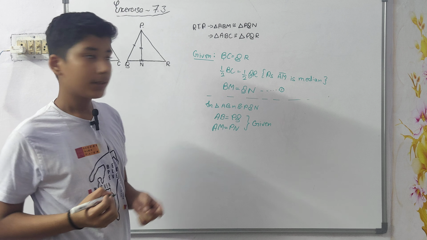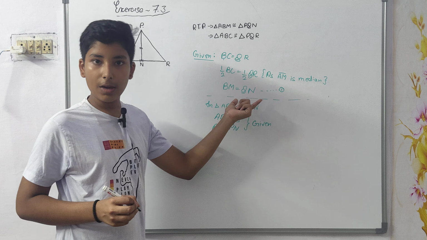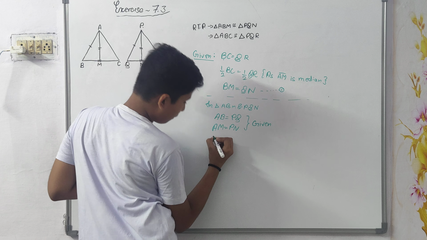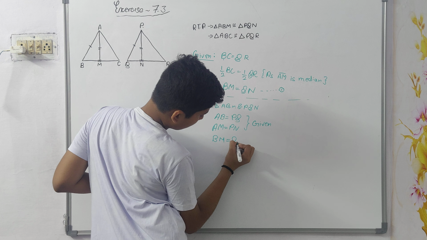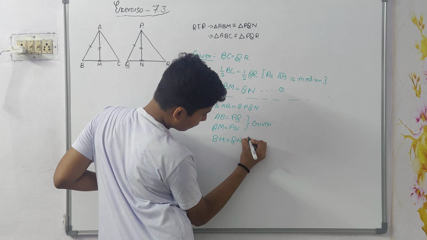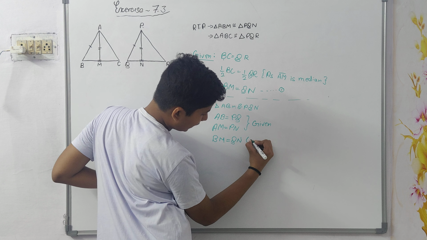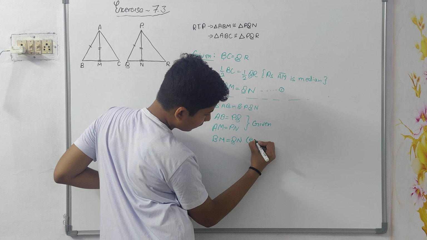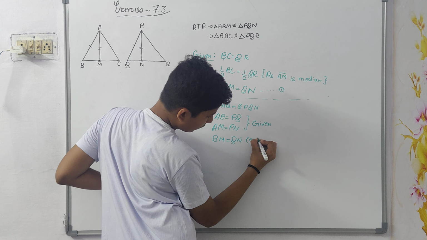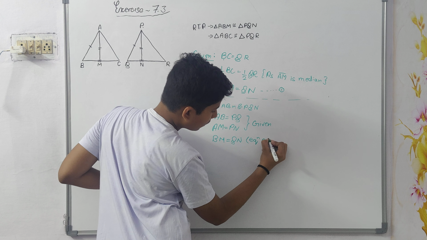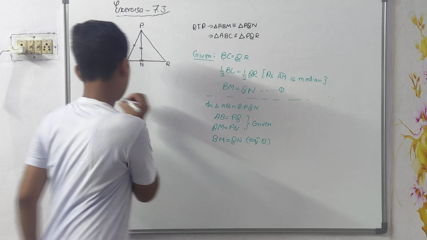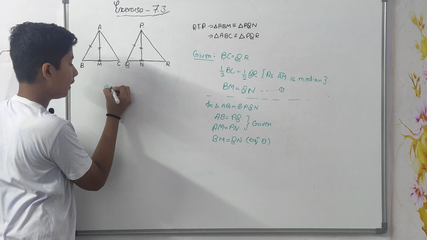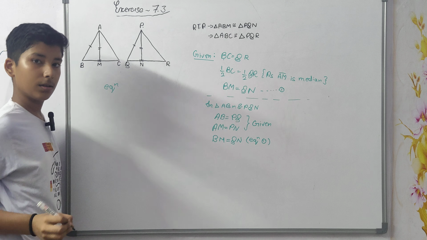So given. Now we'll write this because we have proved it. BM equals QN. I think you all might know this is the symbol of equation. Equation 1.